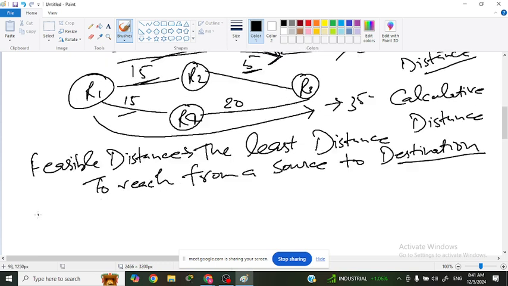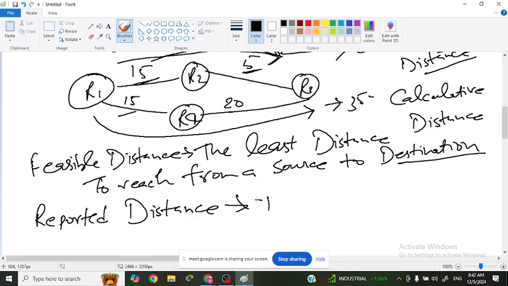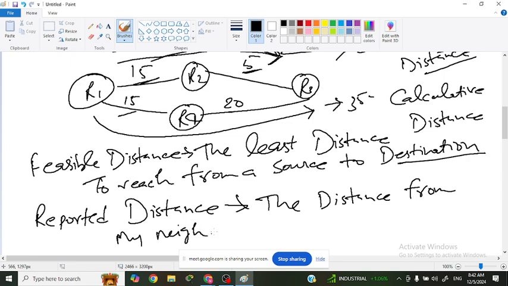Reported distance means my neighbor's distance to reach the destination, the distance from my neighbor to reach a destination.